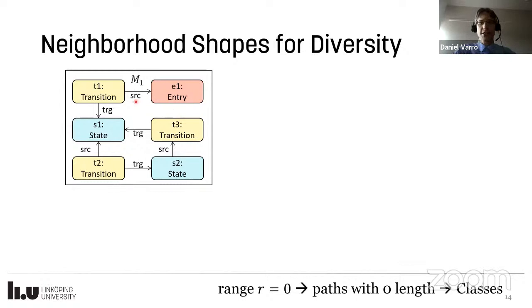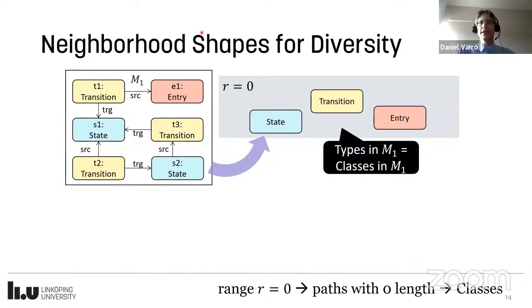Imagine that you have these instance models. I will give a not so precise interpretation just to give you the idea. If you consider a neighborhood range of 0, then the types in the shape practically correspond to the classes in your metamodel.